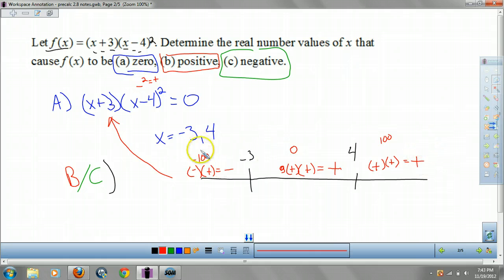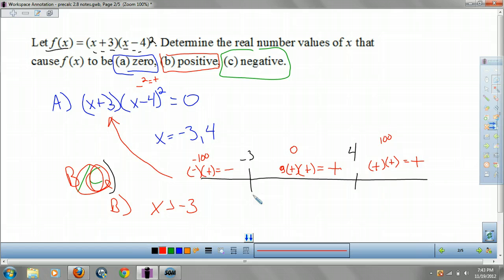So, to answer the question, b, where are we positive? Well, when x is greater than negative 3.